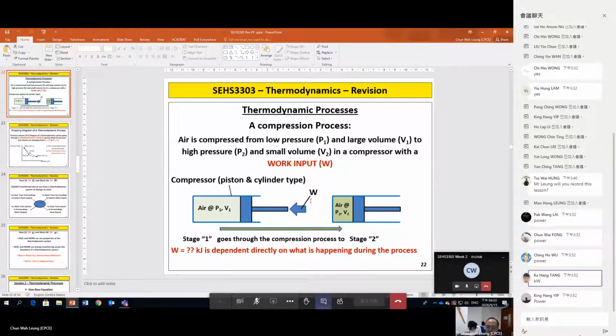Who caused this change? This work done. Do we have heat as well? I don't know. May have heat transfer also. In a process, we can always apply either heat or work or both. So at the same time, we can apply heat, and we can also apply work.